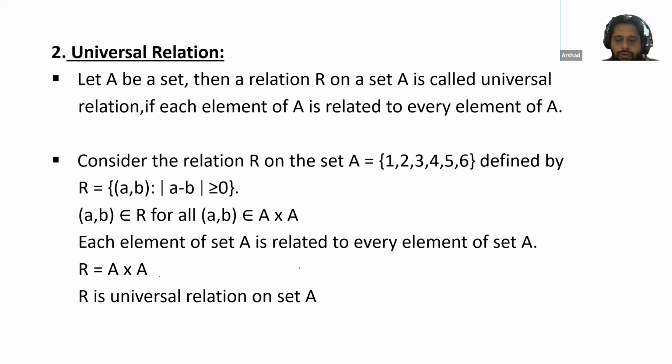Okay, so you can note down this definition. If you compare the void relation and the universal relation, the universal relation is just the opposite of the void relation. In the void relation, we do not have any element. In the universal relation, we take all the elements.